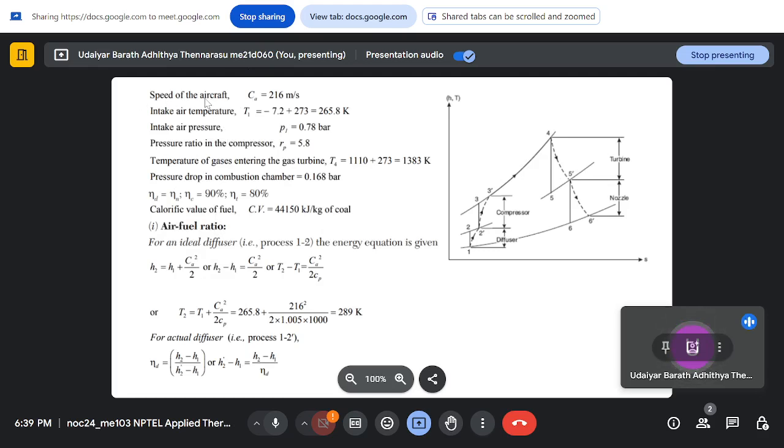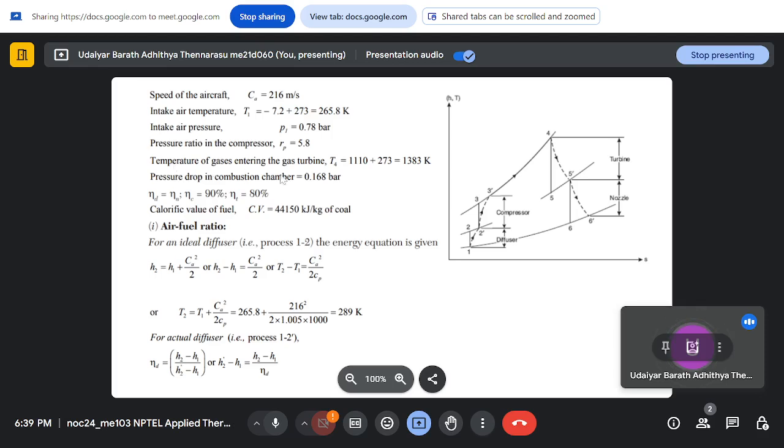So you see speed of the aircraft 216 meters per second. Intake air temperature is 265.8 Kelvin. Converting degrees Celsius to Kelvin, minus 7.2 plus 273 is 265.8. The intake air pressure is 0.78 bar. Then pressure ratio in the compressor is 5.8.